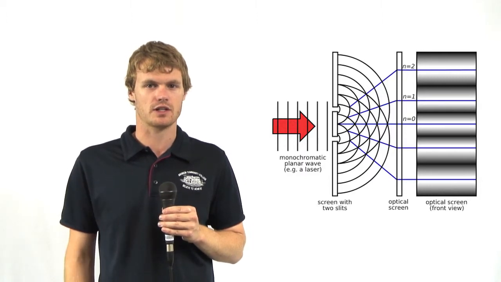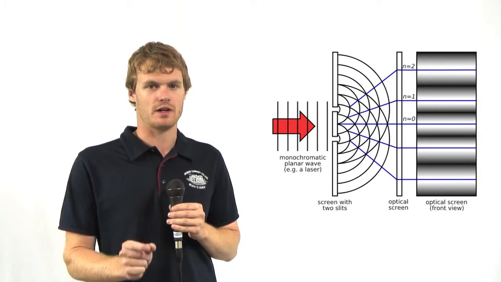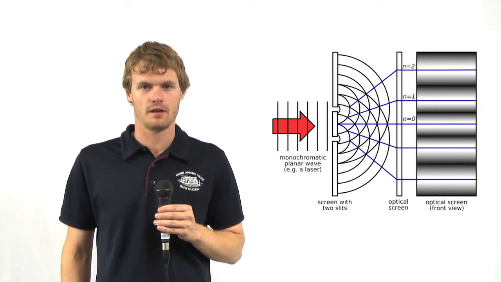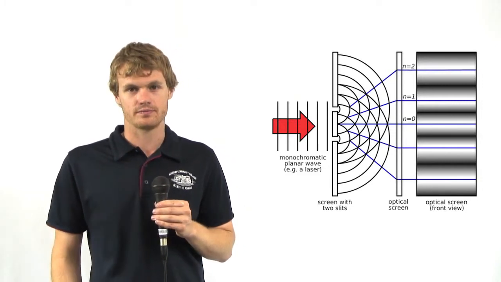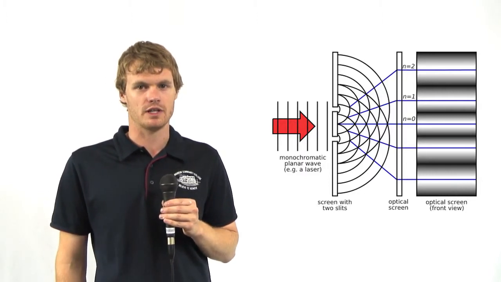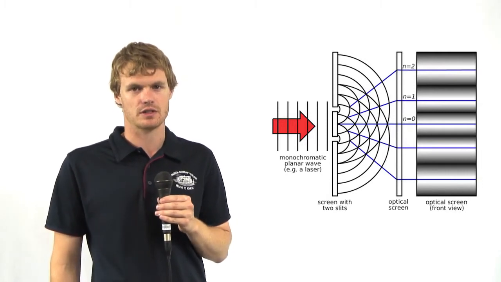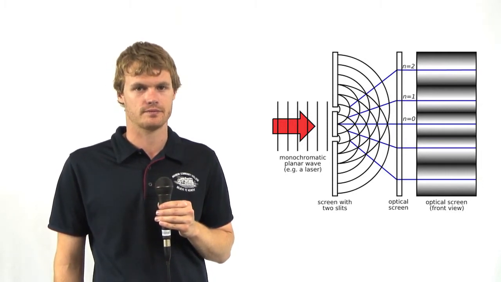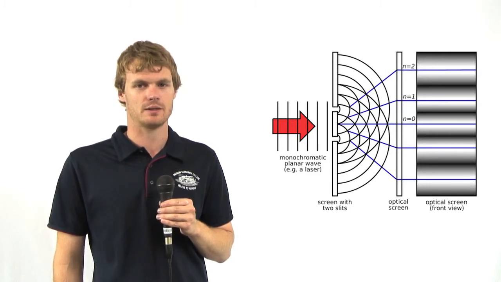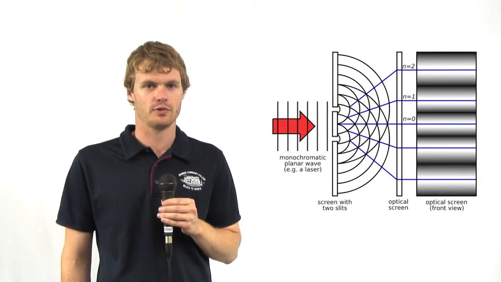It's going to destructively interfere. So this is going to be where our dark spots are. So if we draw up the pattern, and we can see the overlaps, wherever we have a bright spot, we have constructive interference. Wherever we have dark spots, we have destructive interference. So this is how double slits work, very similar to our two points of waves that I showed you in the last video.